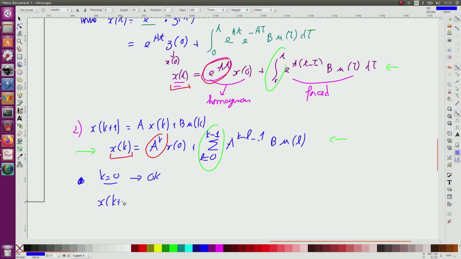So I will check this. x at time k plus 1 is equal to A x of k plus B u of k from this relation.